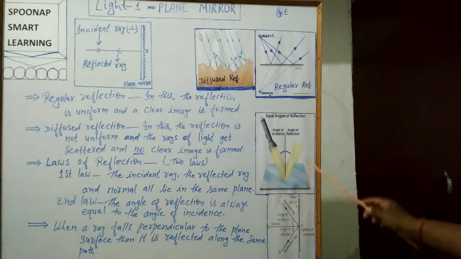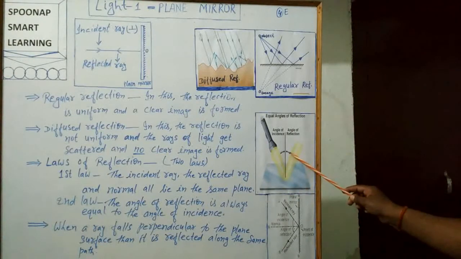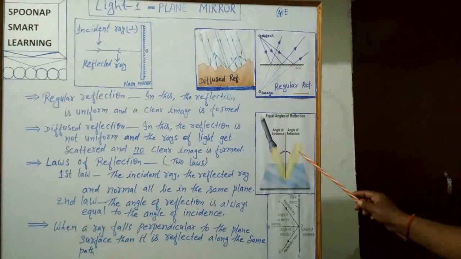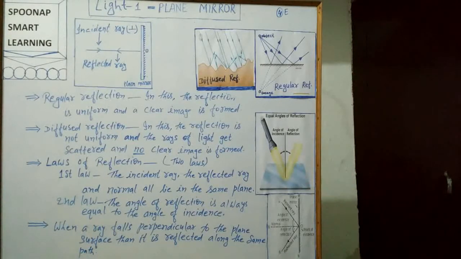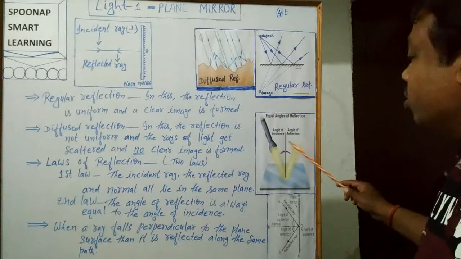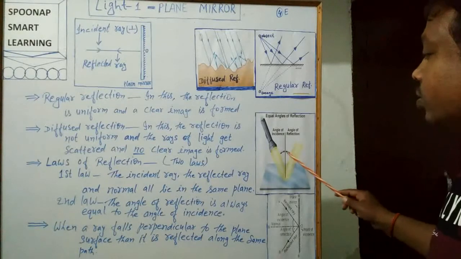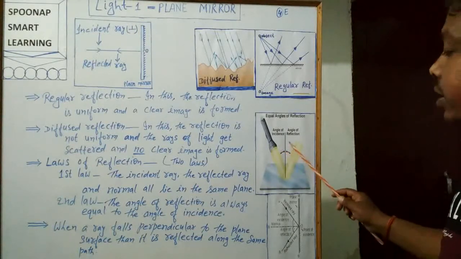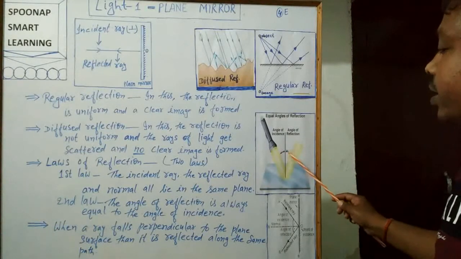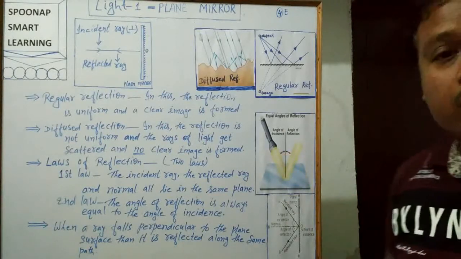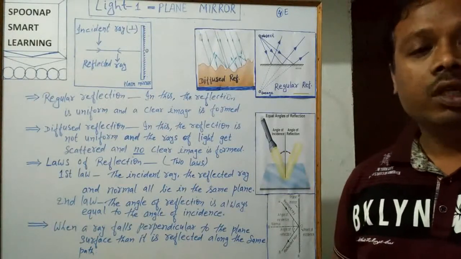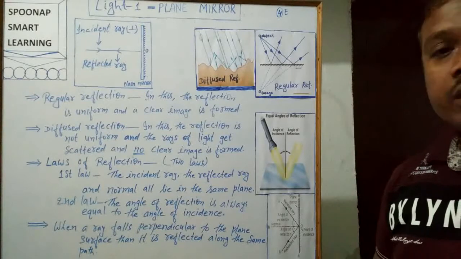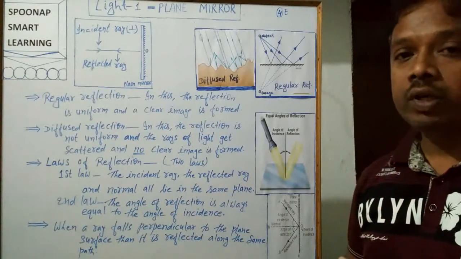Okay, and this is the angle of reflection. The angle of reflection is between the reflected ray and the normal. Okay, so the second law says that both these angles are equal. That means the angle of incidence is equal to the angle of reflection.